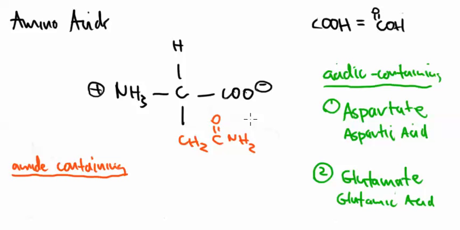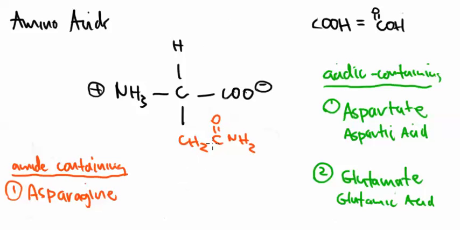This structure is very important, because it is called asparagine. So look at the INE ending, and note that that INE ending kind of goes with the word amine, right?